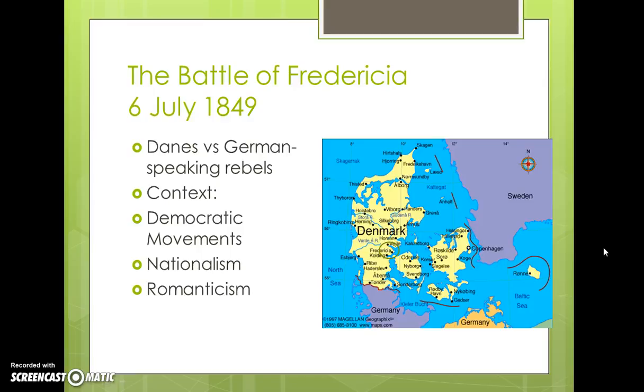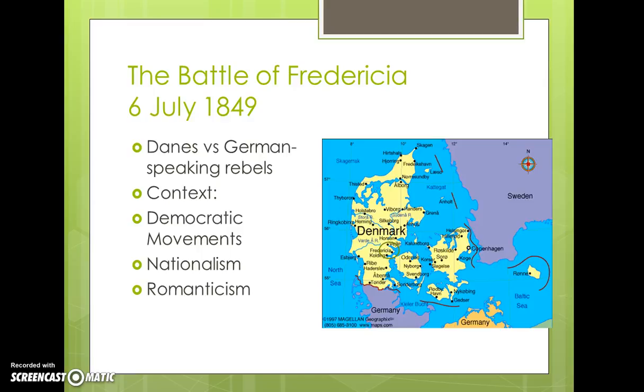During this war, which we call the First War of Schleswig, Fredericia was besieged by these German-speaking rebels. And the night between the 5th and the 6th of July 1849, the Danish forces broke out from this fortress town, and although they suffered rather heavy casualties, they managed to drive the rebels away. So a victory, but a rather costly one.